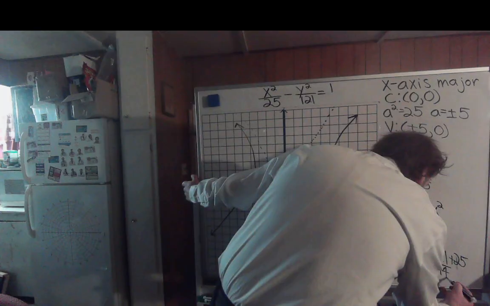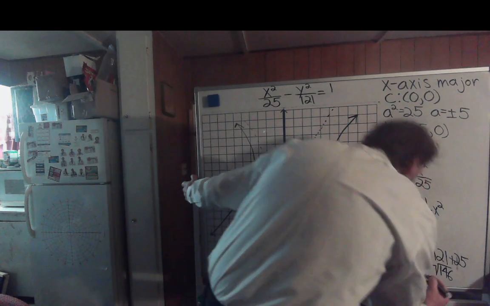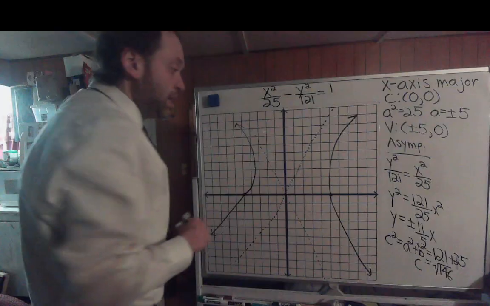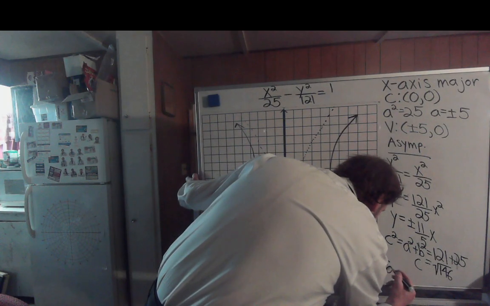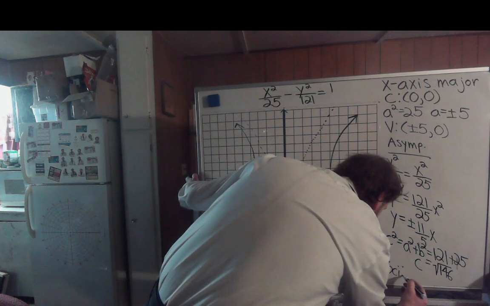So c would equal the square root of 146. So your foci are going to be at both plus and minus the square root of 146, 0.